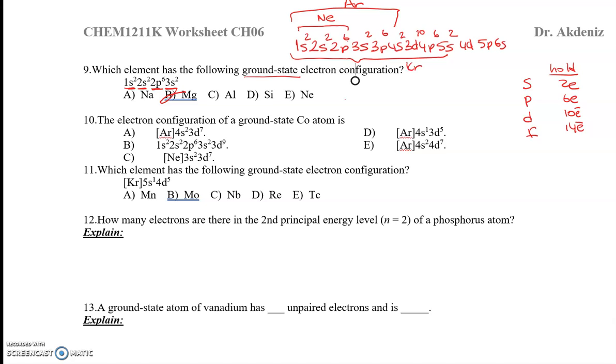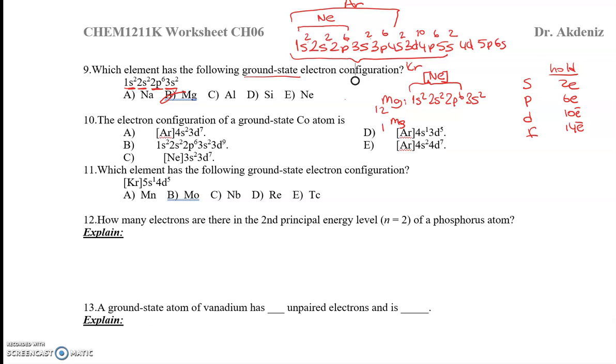All right. So instead of writing, for example, for magnesium, all the way to the right here, with 12 electrons, instead of writing the electron configuration of magnesium like this, 1s2, 2s2, 2p6, and 3s2, we can write down this part as a noble gas, neon, in square brackets.